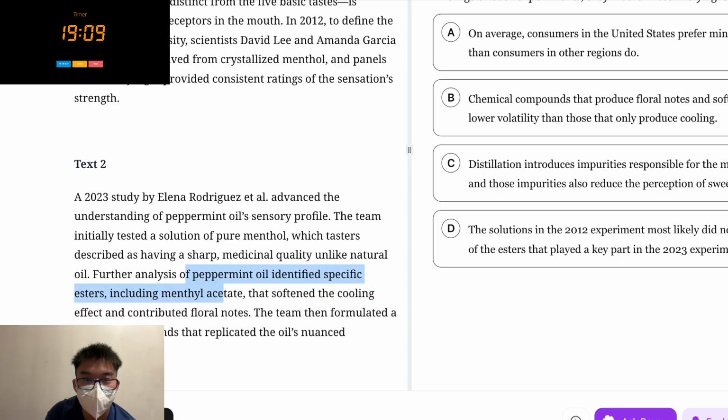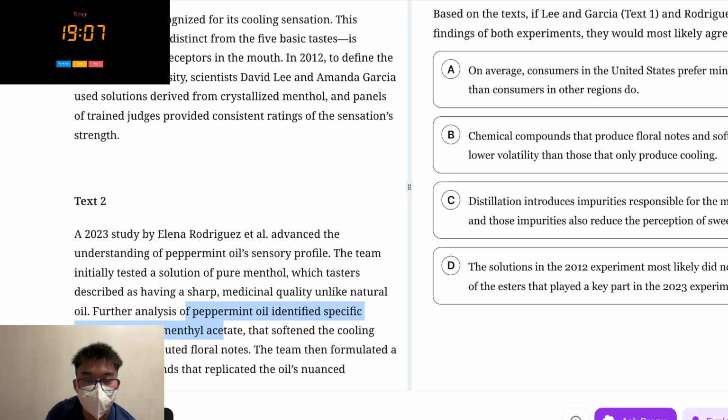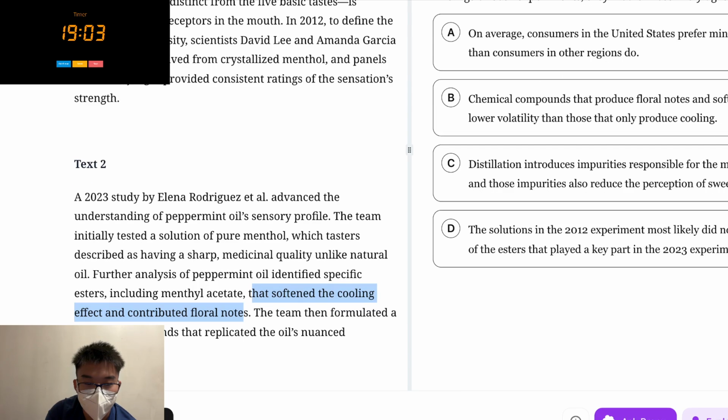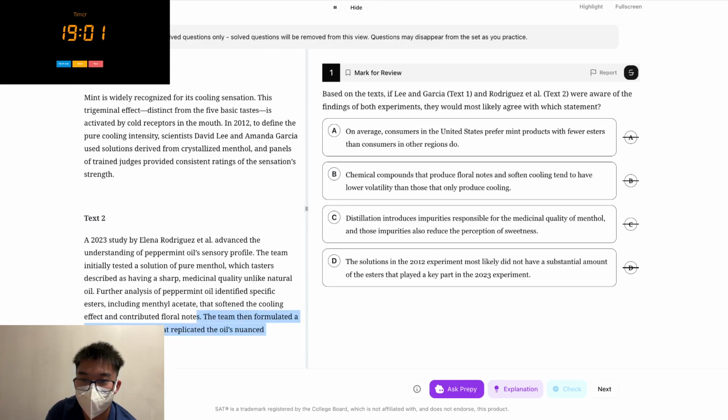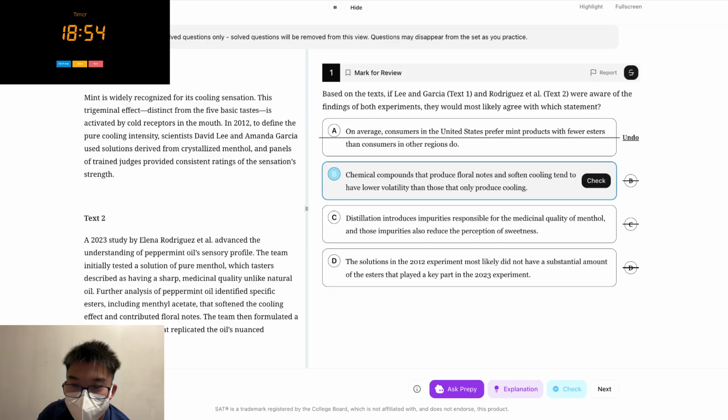Okay, so they're both talking about peppermint oil. That's something. And methane. Okay, so this one's replicating. This one's talking about how they find it. Okay, cool.